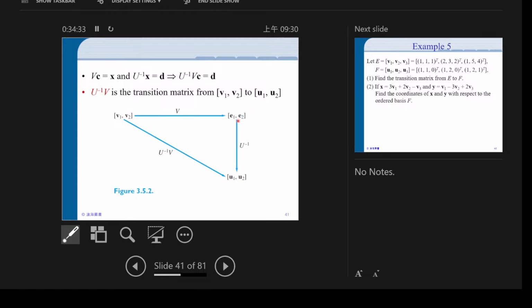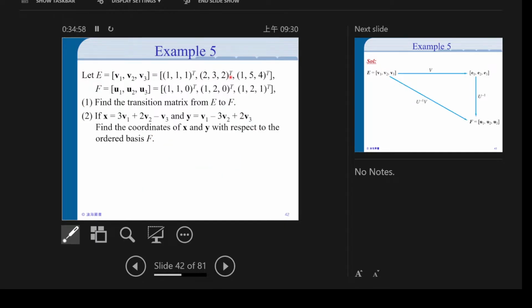Then changing from standard to U is U inverse. So if you want to go from V to U, you do V first, then U inverse. So it's U inverse V. It's another way to memorize the transition matrix being U inverse V, but you can also just remember Vc equal to Ud.